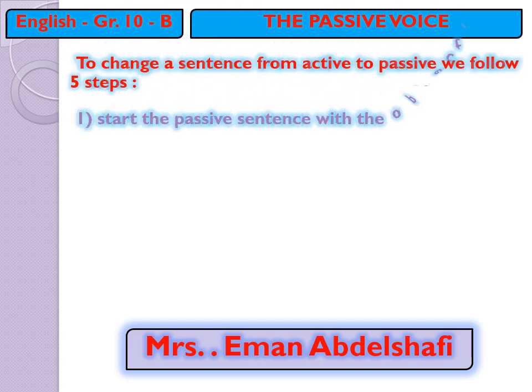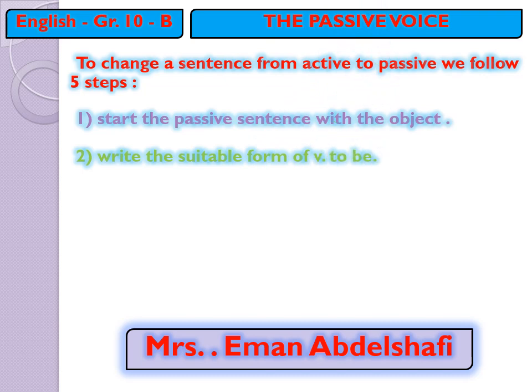Number 1, start the passive sentence with the object of the active sentence. 2, write the suitable form of verb to be, which is determined by 2 elements: the tense of the main verb of the active sentence and the object of the active sentence. 3, write the past participle of the main verb of the active sentence.